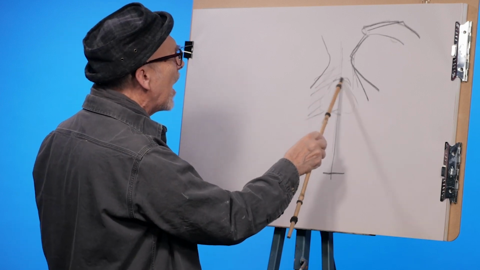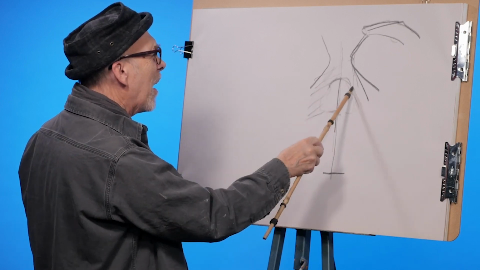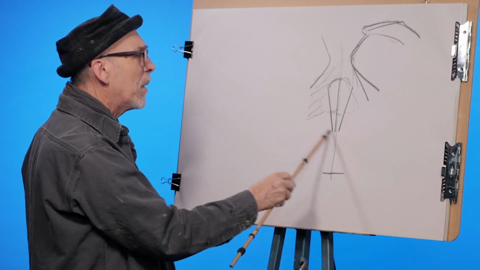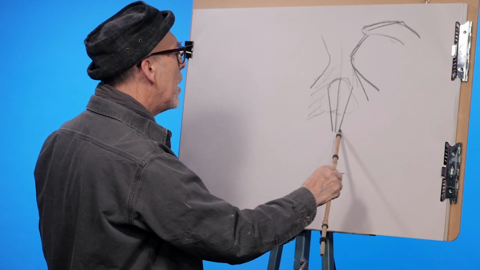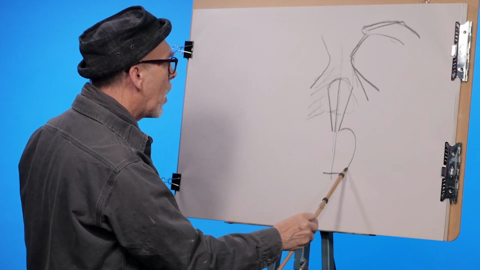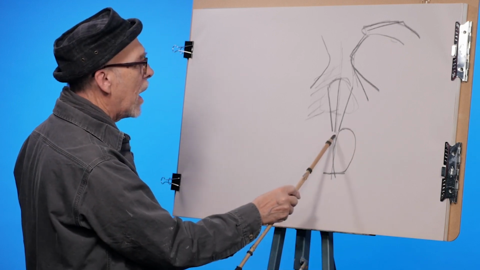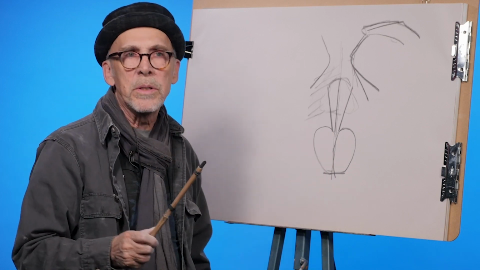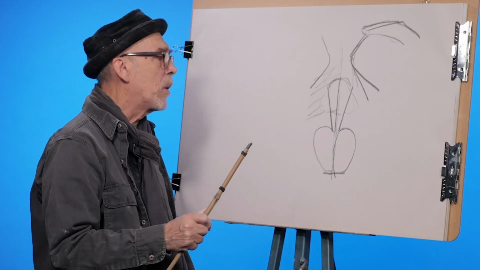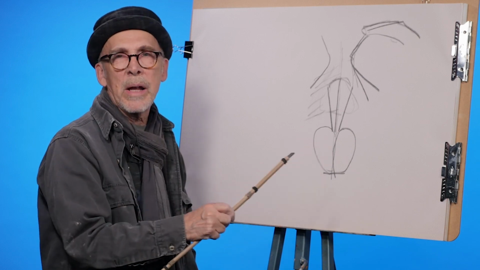And then there's a cartilage that comes down from the bone, and then there is cartilage for the alar. The reason it's important to know this for sculpture is because these are the things that create the shapes.